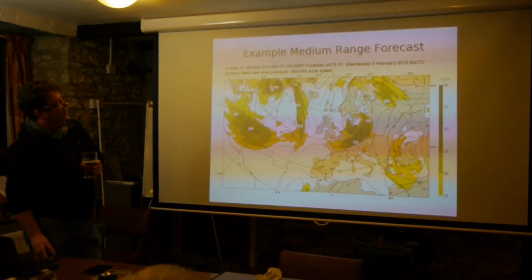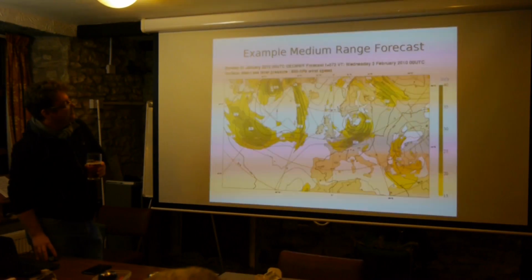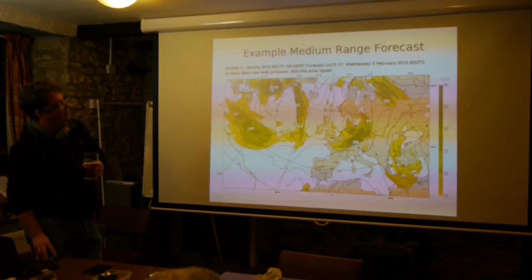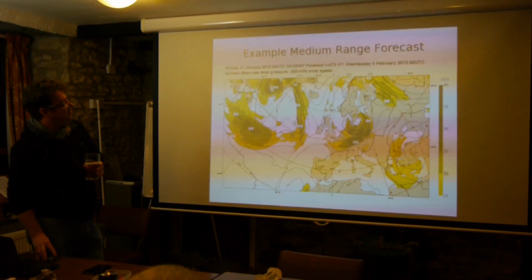So if you have an area that doesn't have high wind markings, there's a chance. On this particular day, you would probably say that chance is slim because there's a high wind marking here in the North Sea, and the isobars are quite close together across the UK. But certainly it looks like if you were on the North Cornish coast, you might be able to do a bit of coastal soaring, or in Wales potentially.